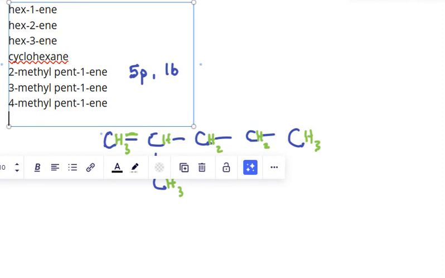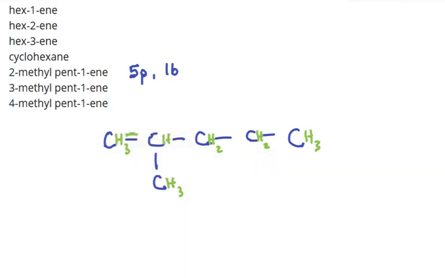Also, we could take that double bond and move it over 1 spot, and then we could move our branch again. So let me just show what that means. Instead of having a double there, we could say that our double is now in that position.